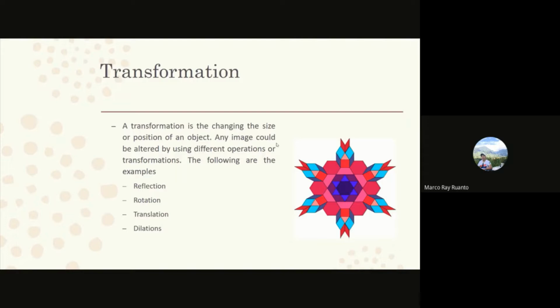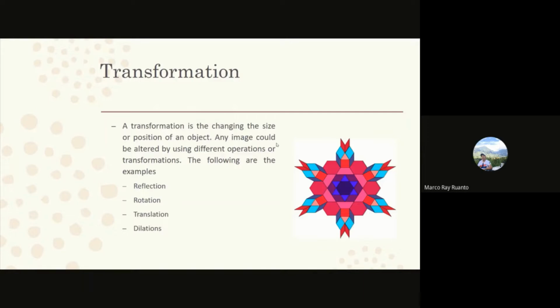Then reflections and rotations are a product of matrix multiplication, where the entries in the square matrix are trigonometric functions. That's how we relate transformation with different operations.